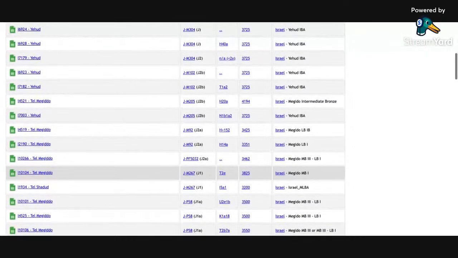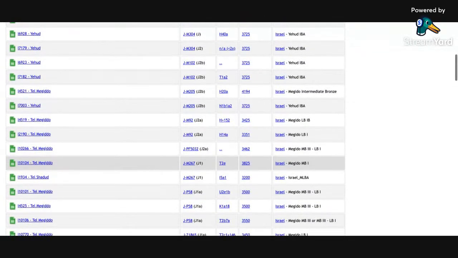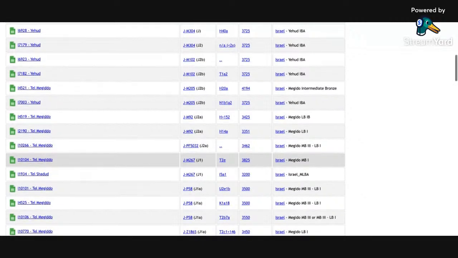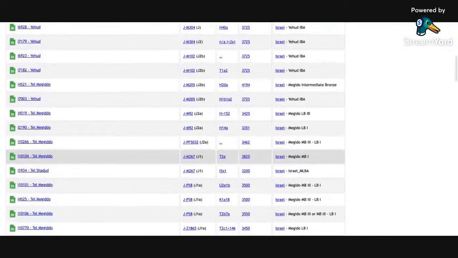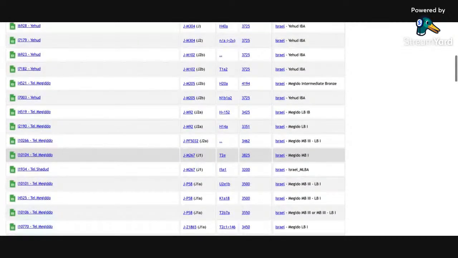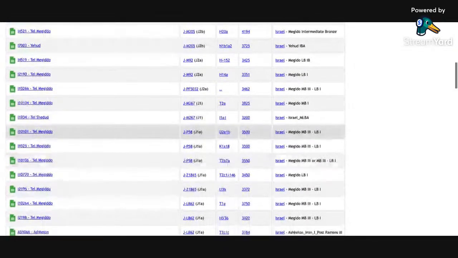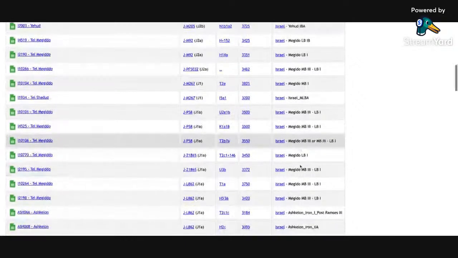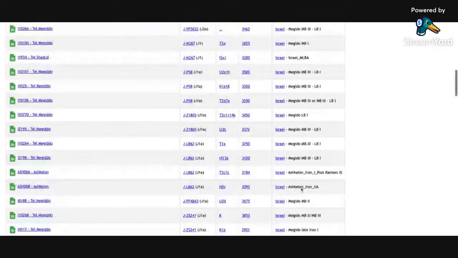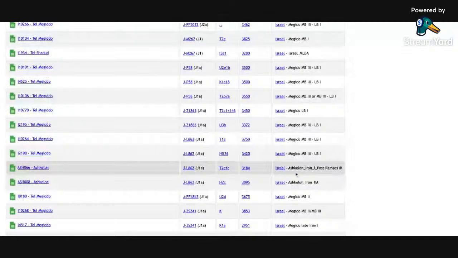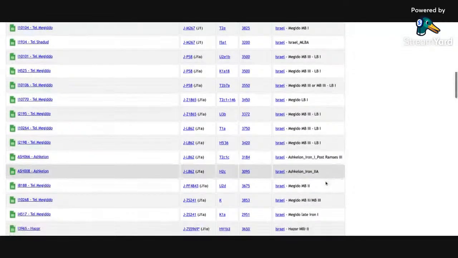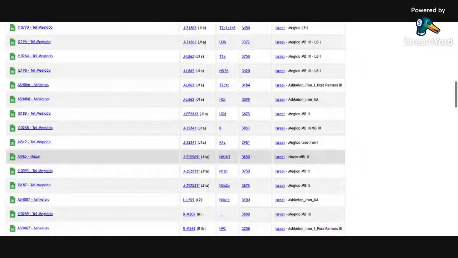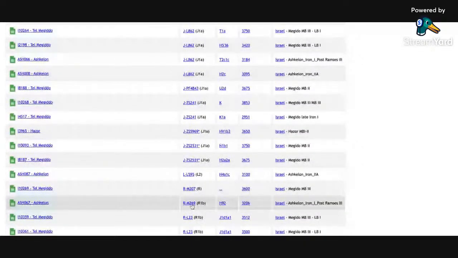The problem is that it's hard to find a genome in skeletons if there's no collagen left to test. Because without collagen in the skeletal remains, you can't really test for the genome. Without the genome, you can't find out the haplogroups. So this is the one sample that's brought up in the Philistines research, the post Ramses III. This is another one, RM269, post Ramses III, which is found amongst the Philistines.